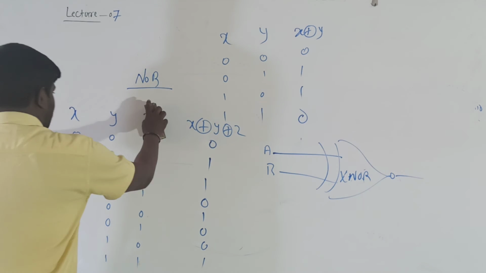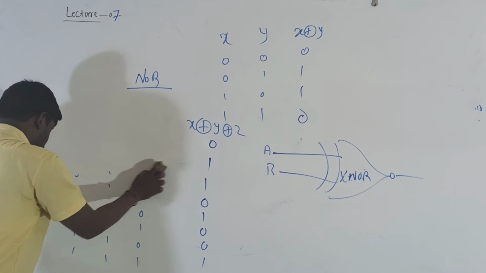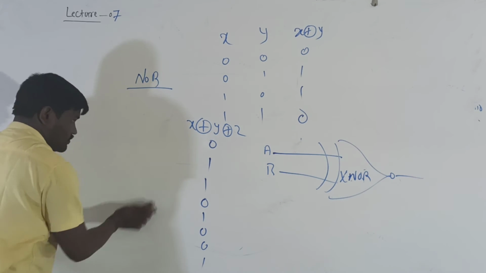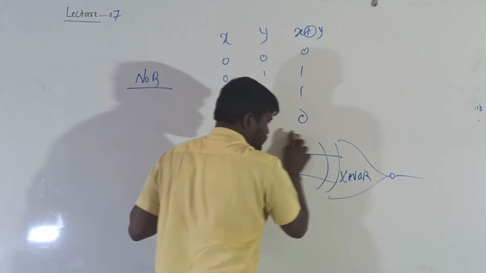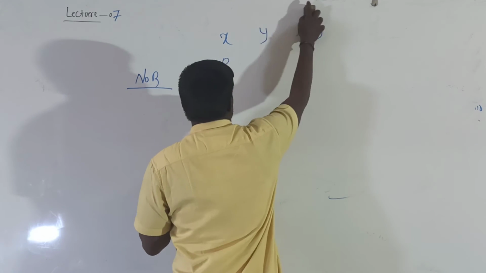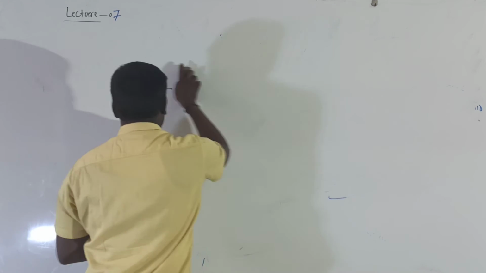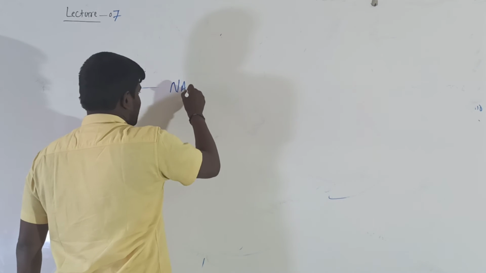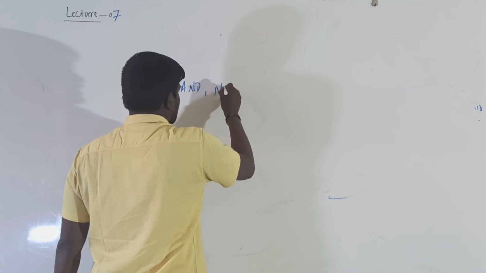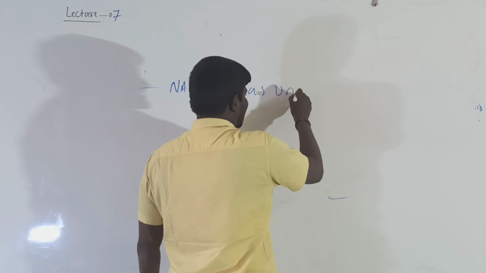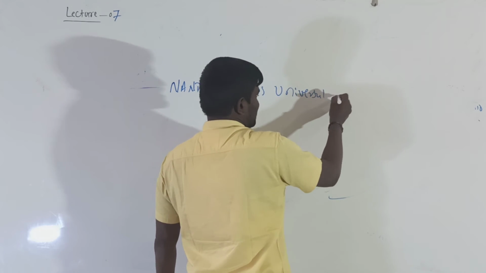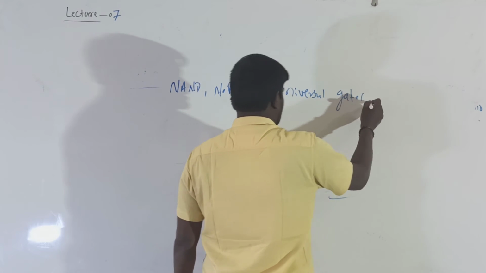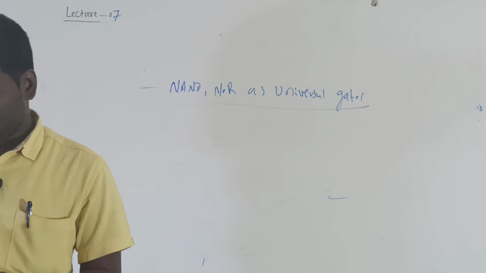Next is NAND and NOR as universal gates.